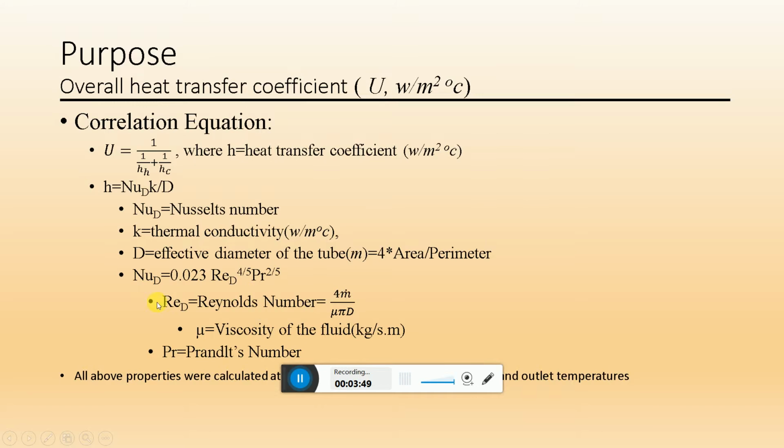Note that the Reynolds number was a major factor here, to determine whether the flow of the hot fluid or the cold fluid was turbulent or laminar. And all the properties here and before in the LMTD method were evaluated at mean temperature.